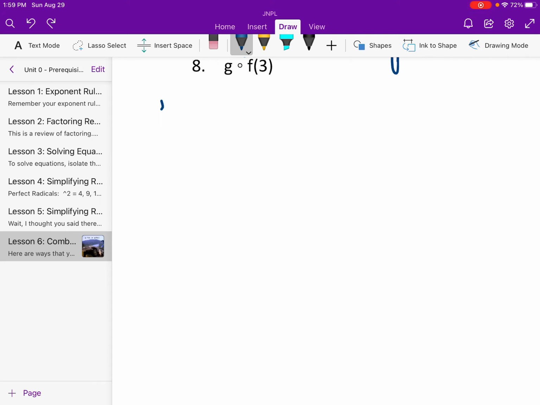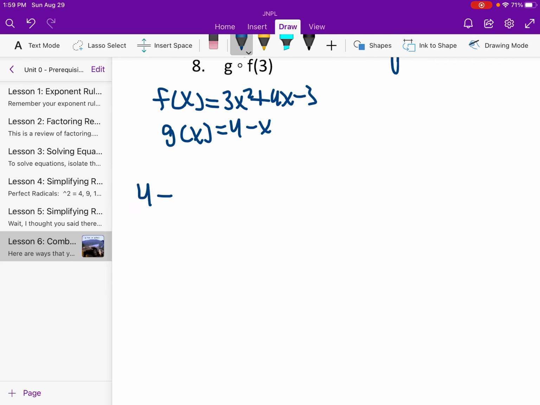So let me write that down again. f of x equals 3x squared plus 4x minus 3. g of x equals 4 minus x. So for the f, we already put in 3. Let's start out by putting 4 minus, and then we put f in there.